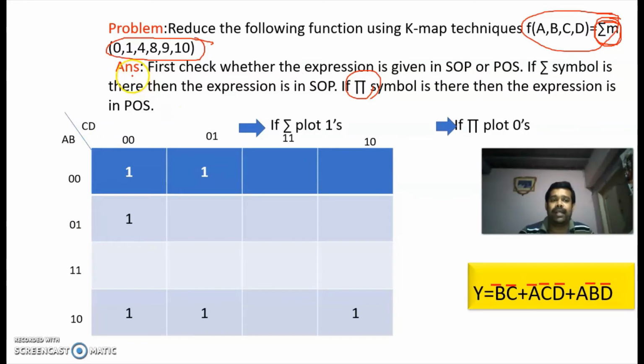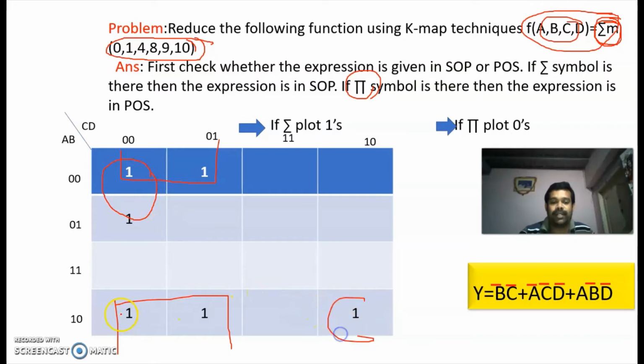So we have plotted the ones. Here the number of variables is 4. We have drawn the 4 variable K map. We have plotted. Then we are going for grouping. So these 4 ones you can group like this. Here you are having a one that you can group like this.